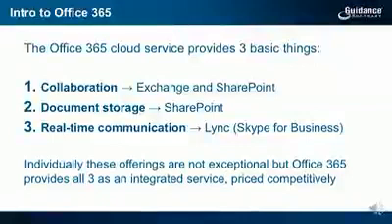Individually, these offerings are not hugely exceptional, they're not unique in the market by any means, they have competition. But what Microsoft is doing with Office 365 is providing all three as an integrated service, really as a platform where each of the parts fits together reasonably well. They're also pricing that quite competitively in a way that seems to be doing pretty well in the market, which is why it's relevant to all of us.